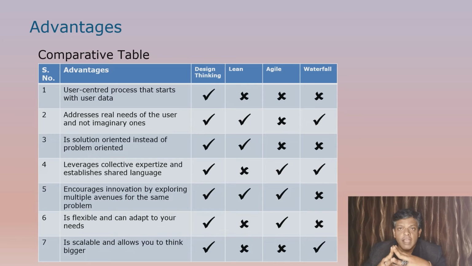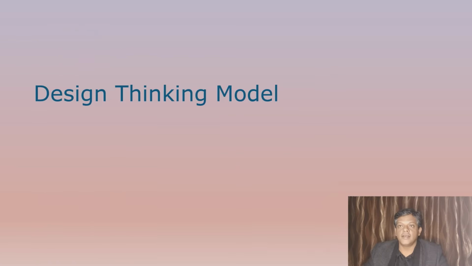Encourages innovation by exploring multiple avenues for the same problem, is flexible and can adapt to your needs, is scalable and allows you to think bigger. Now, these are the brief advantages, and you will realize the benefits of design thinking only when you use it as a tool in your product development and design process.